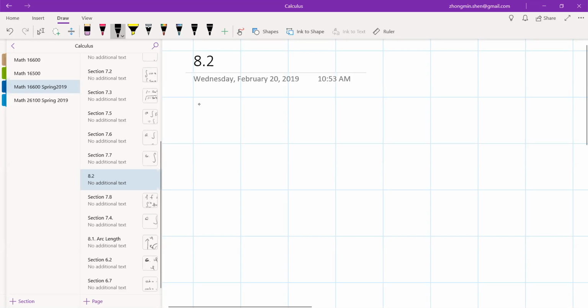Okay, so let me go over problem 11 first. This is a question: find the exact length of the curve.